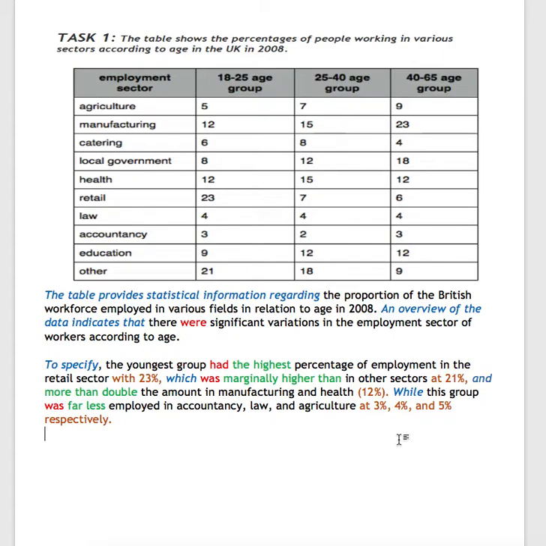I just see it's mentioning the lowest here, which is accountancy, law. And I think that's good. We need to get what it's high in and what it's low in. So that was that paragraph. Again, we don't need to mention every stat because there is a lot of stats here. I guess this is a good example of just mentioning the important ones, the highest and the lowest.